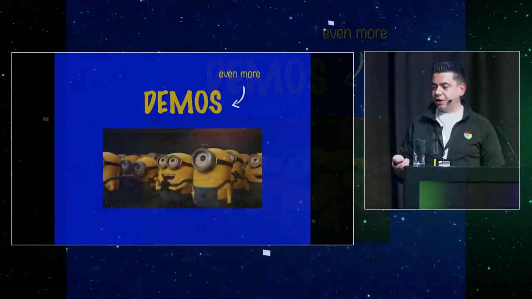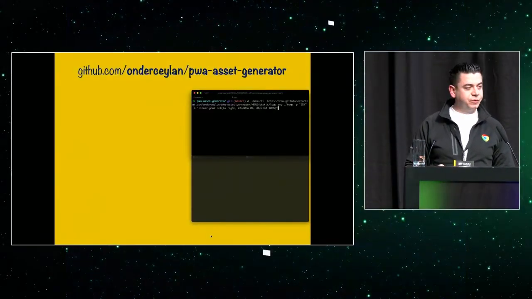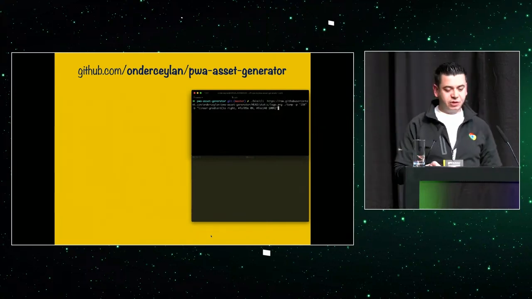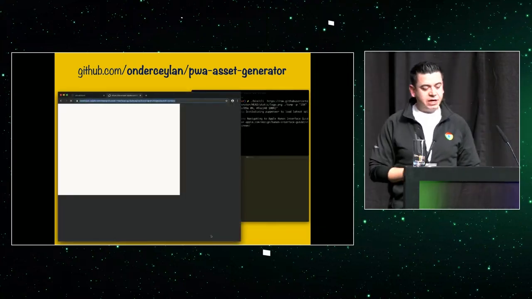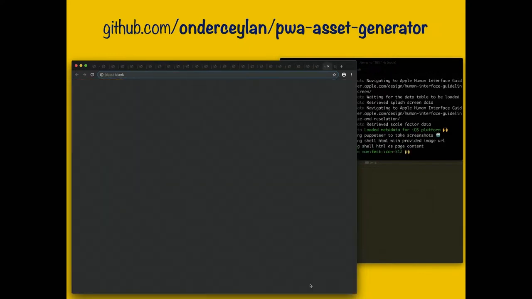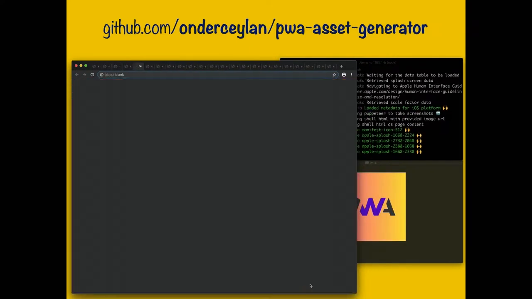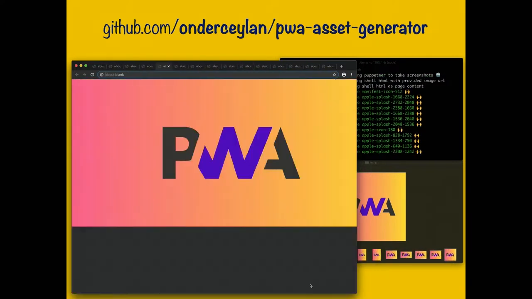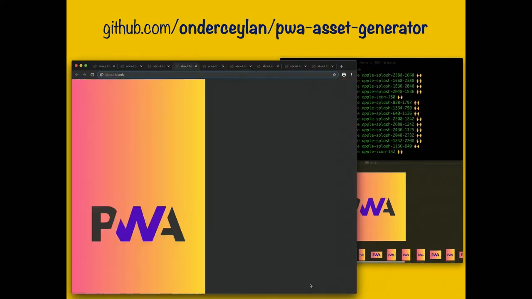I would like to show even more demos. This is a live preview of my library. My library is built upon this Puppeteer Lite concept. How it works, it actually solves a ridiculous problem on Apple devices. If you want to display a launch screen or a splash screen for your progressive web apps, you need to generate landscape and portrait versions of each device resolution and provide them as HTML text to your application.